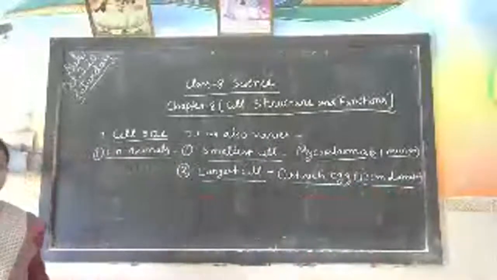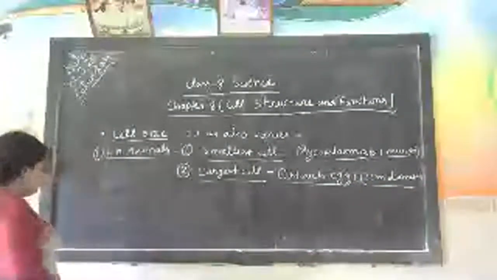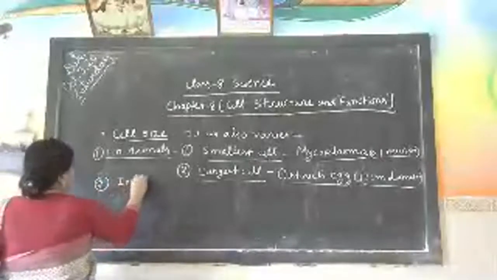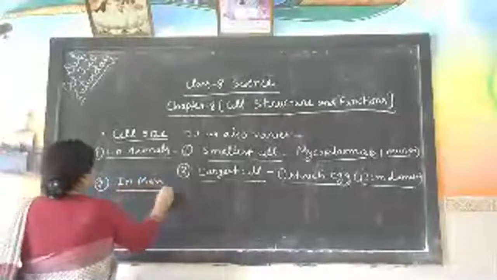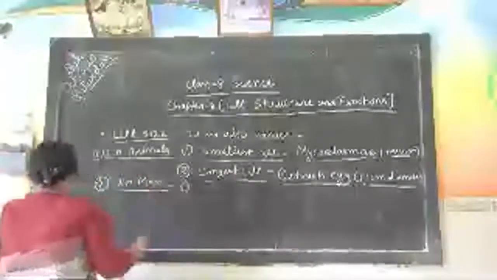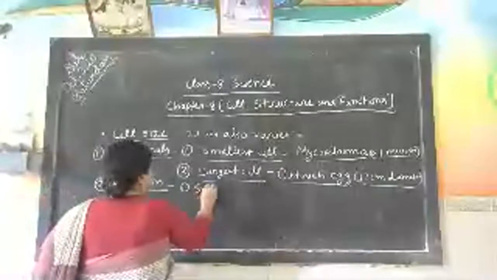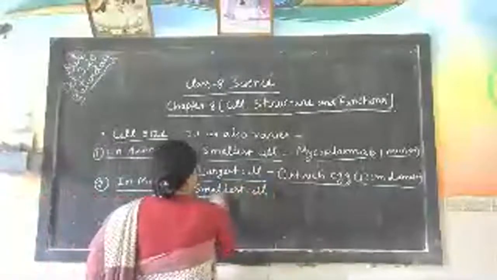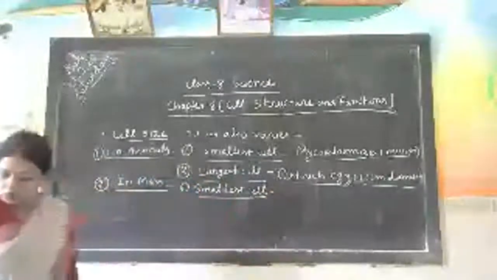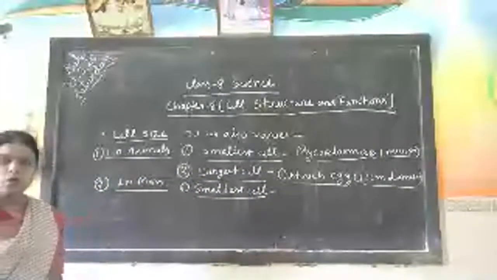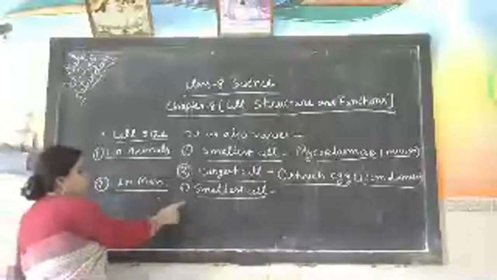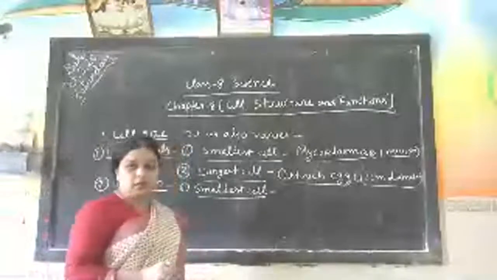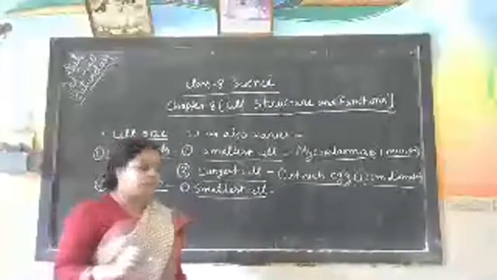Now we will see in the condition of man. In the case of man, the smallest cell is RBC, red blood cells.